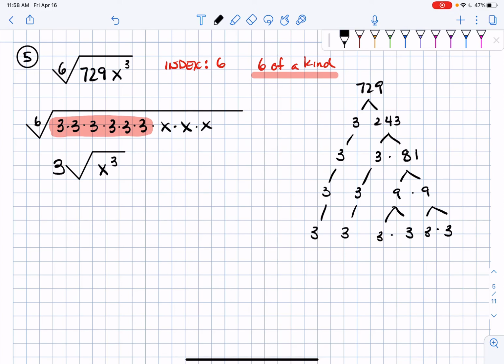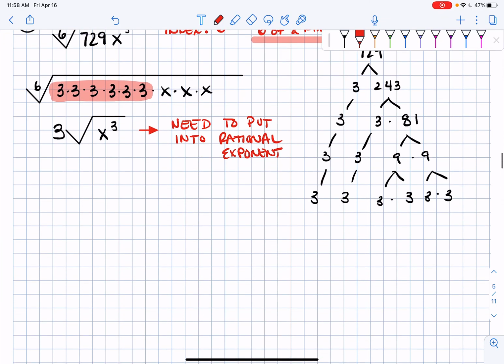So the problem is that it wants it to be put into rational exponent. Okay? Meaning I need to put this in a power, a fraction power.